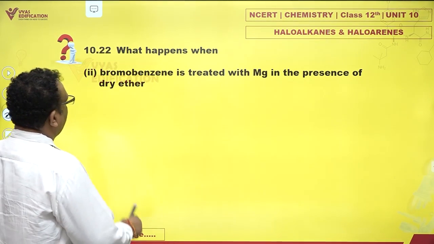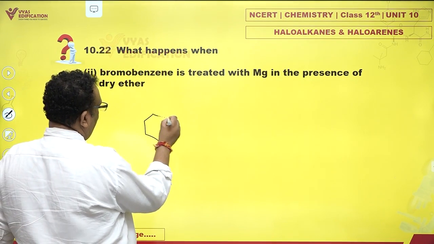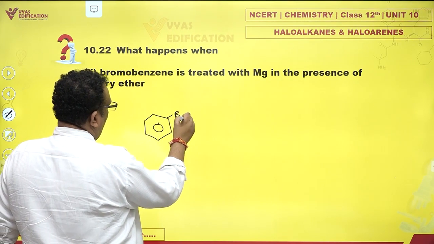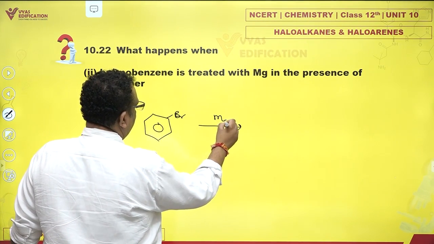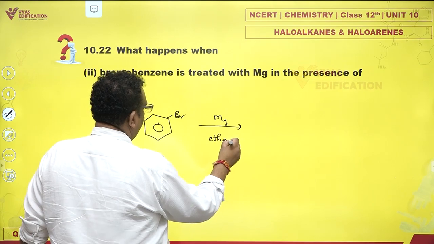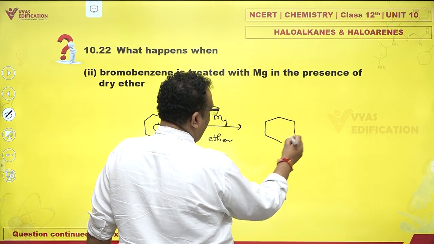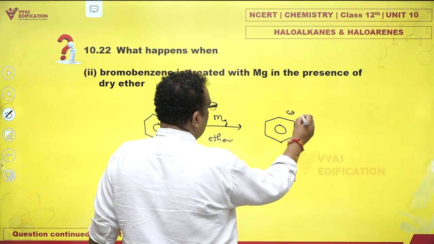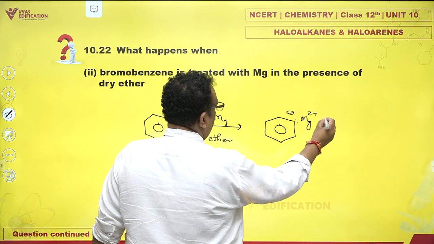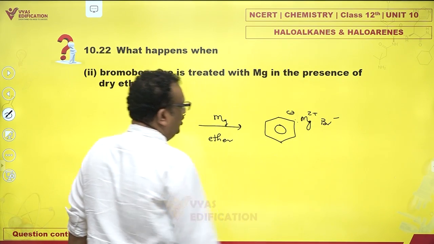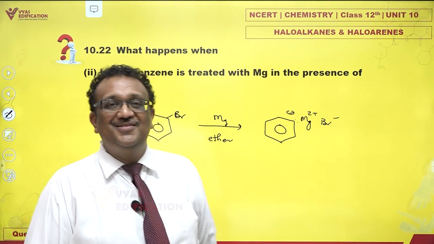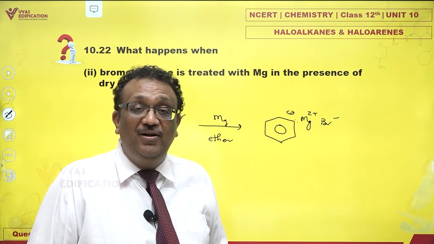Bromobenzene is treated with magnesium in presence of dry ether. This is bromobenzene. It takes a lot of time, slowly it would take maybe an hour or 2, but you will get a Grignard reagent. Wow, an aryl Grignard reagent?